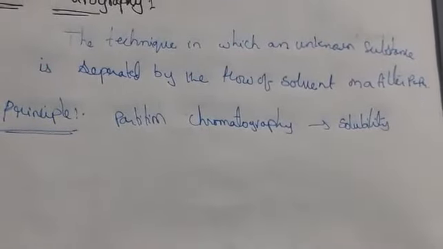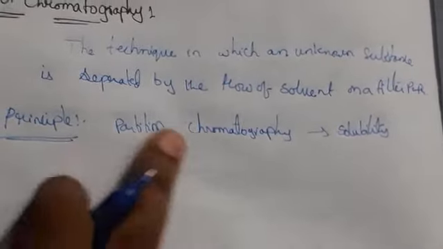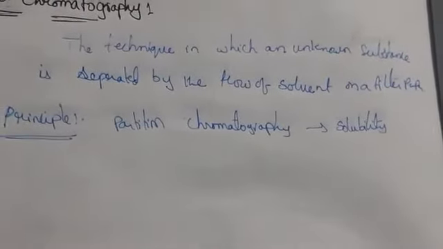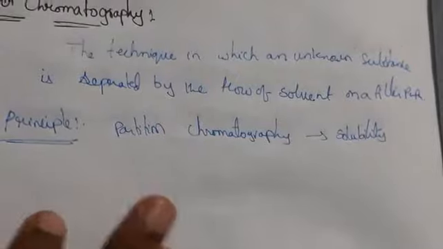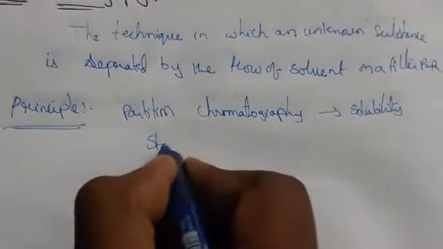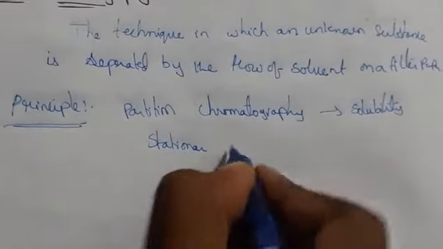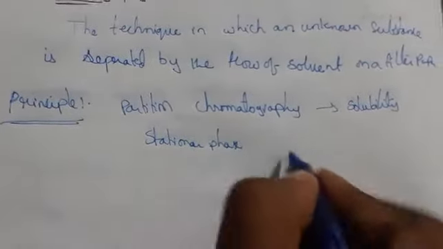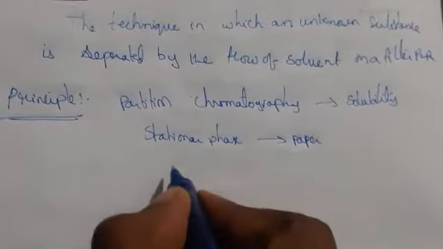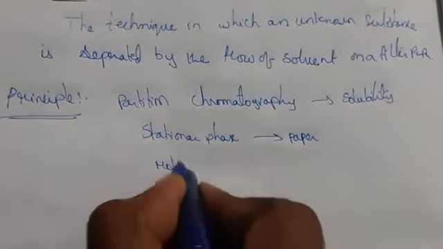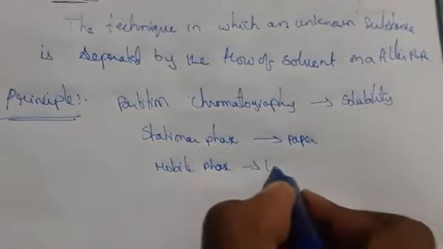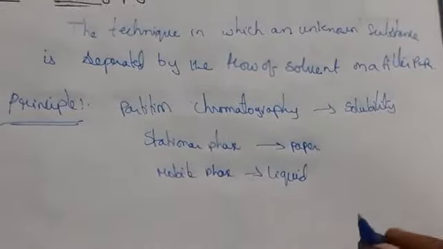In this technique, the paper is used as a support. Here the paper works as the stationary phase, which is an immobile phase, right? So the stationary phase is the paper, and the mobile phase is the liquid.